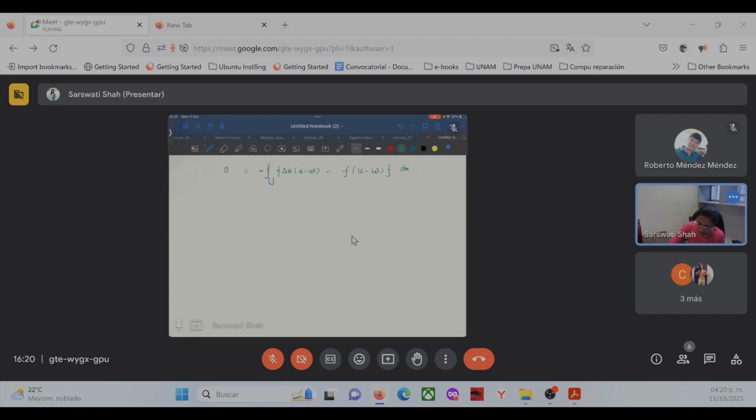What will be the integration of this term? This is the Laplacian.